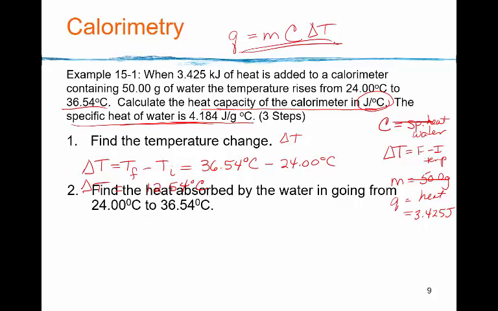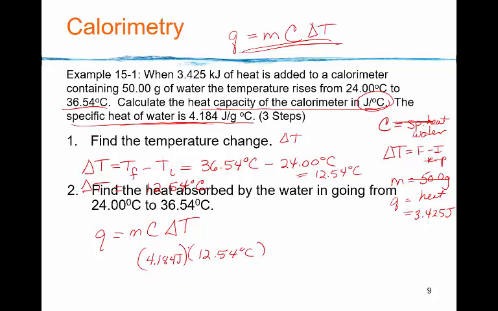The heat absorbed by the water is equal to the mass times the specific heat of the water times delta T. I just calculated the delta T, 12.54 degrees C, so I'll write that up here so we can see it better. The C is a constant, the specific heat of water, so I'm going to pull that down from my problem.